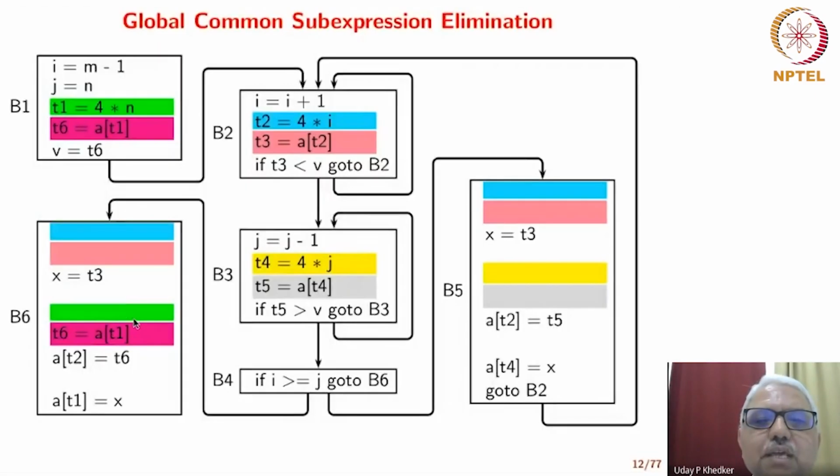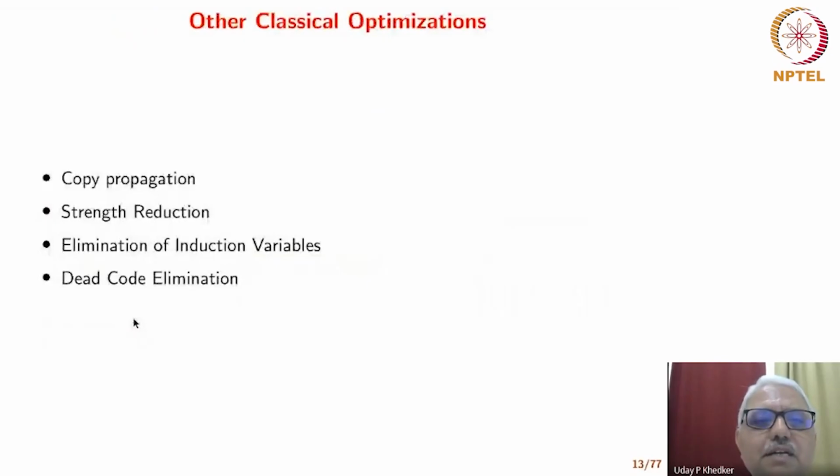So eventually our optimized program looks like this. We have got rid of many further computations. So this is global common sub-expression elimination, and by the end of this lecture you will know how this is done systematically. But there are further optimizations which are enabled by data flow analysis, and let's spend a bit of time on them. We're talking about copy propagation, strength reduction, elimination of induction variables, and dead code elimination.